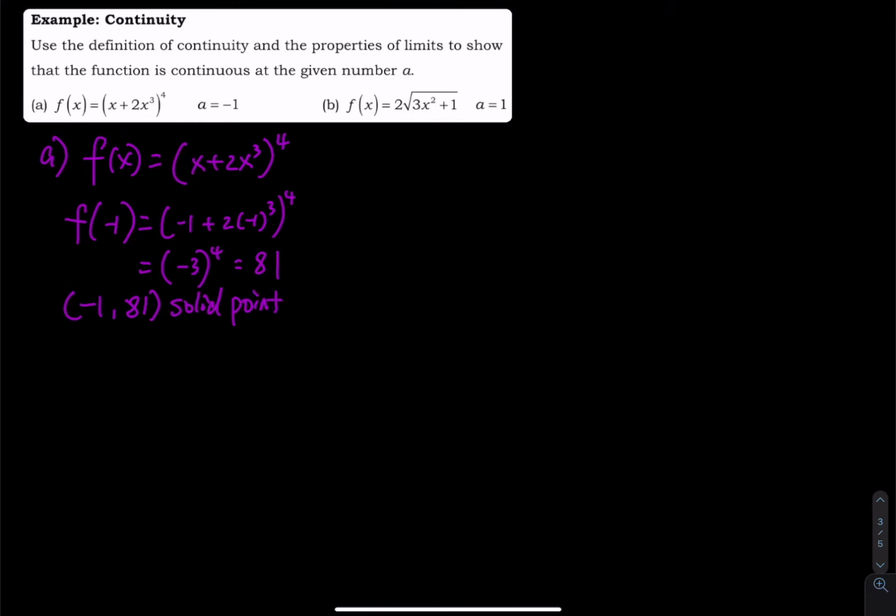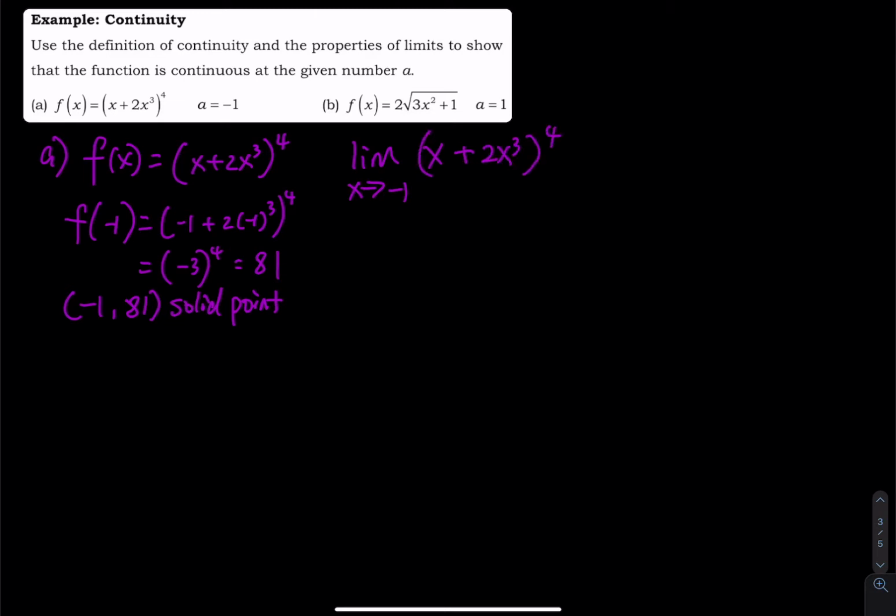And then we check the limit, right? So the limit, I know you have to check the left and right, but do you really need to? The answer is no. Because there is no square root, I don't see any discontinuity because this is just a polynomial. So for the limit, you can just plug in x equals -1. You have x plus 2x to the third, the entire quantity raised to the fourth power.